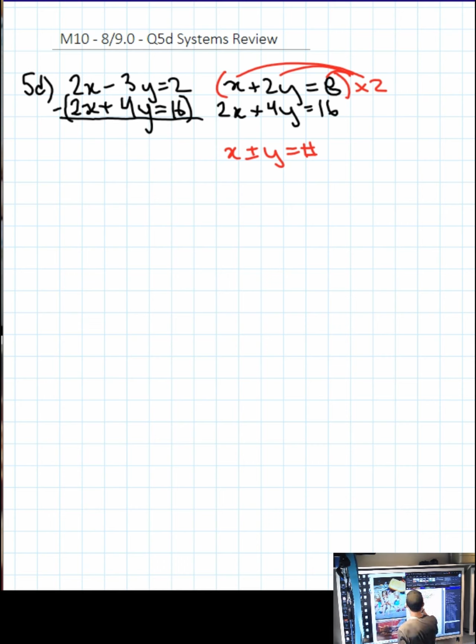Negative 3 minus 4 is going to be negative 7y. Again, that's a little bit difficult, so I'm going to do it off to the right. Minus 3 minus positive 4 is minus 3 minus 4, which is negative 7. And 2 minus 16 is equal to negative 14.